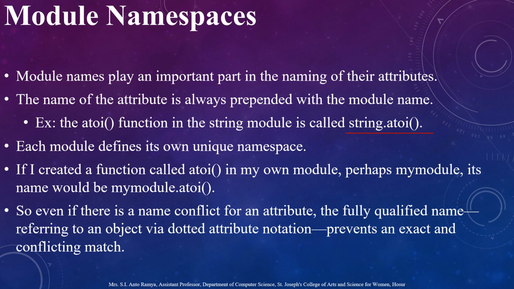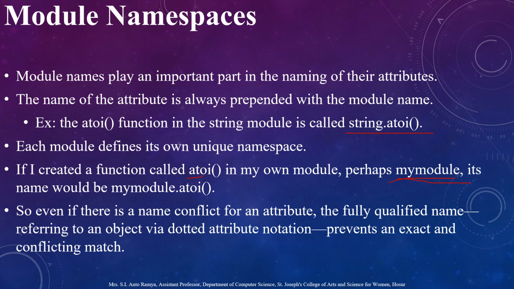And each module will have its own namespace. Let's say for example we are creating our own module, and inside the module we have our own function. Its name is also atoi. When I call it, in the example the name of my module is mymodule itself, and inside that I have a function called atoi.